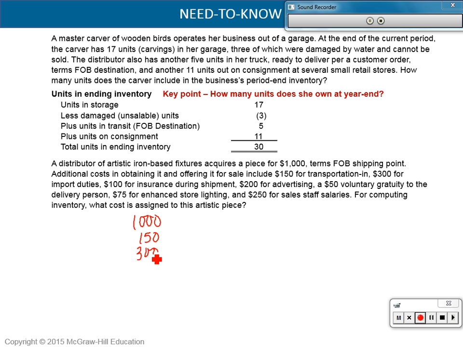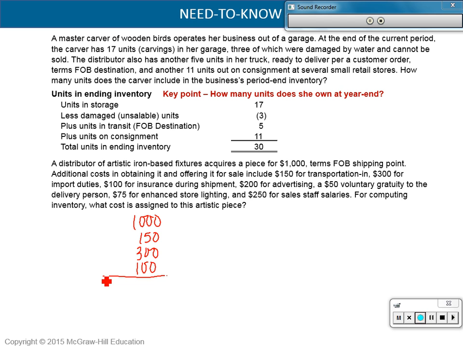Insurance, $100. The lighting? Yeah, that's it. What is the $50 on? Oh yeah, gratuity. Okay, yeah, that's it.